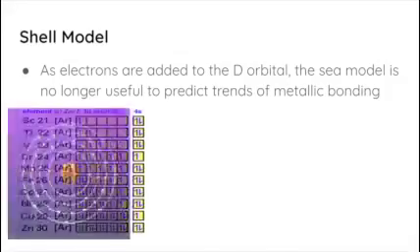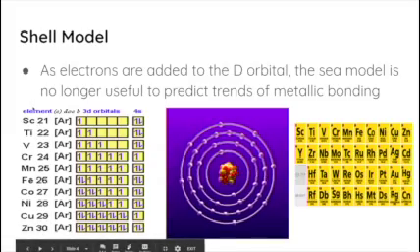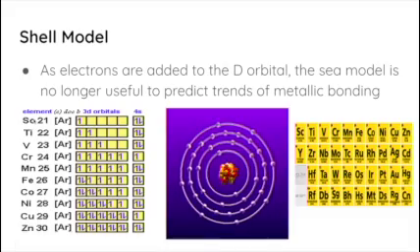So you can imagine these trends on the periodic table using the sea of electrons model, but ultimately, if you want to predict the trends as you move across the transition metals, you are going to need the shell model. You might think that as you go across the periodic table from left to right, sorry, it's vertical here, as you add electrons you are going to gain in something like boiling point. Your boiling point is going to go up, but that is actually the opposite of the fact. Boiling point peaks around here, and then as you go down, it starts to drop.